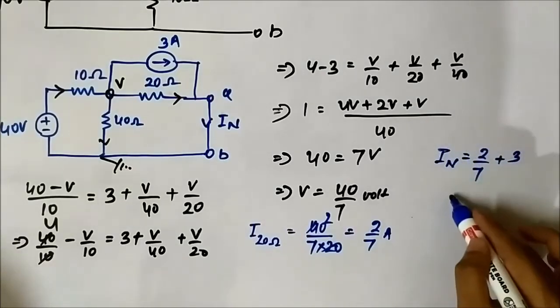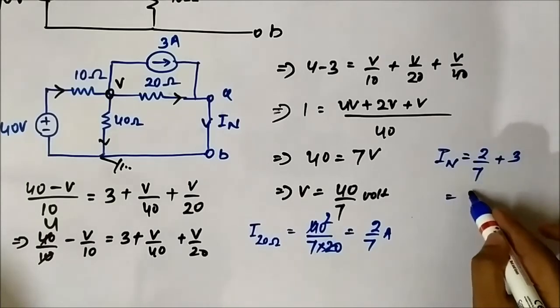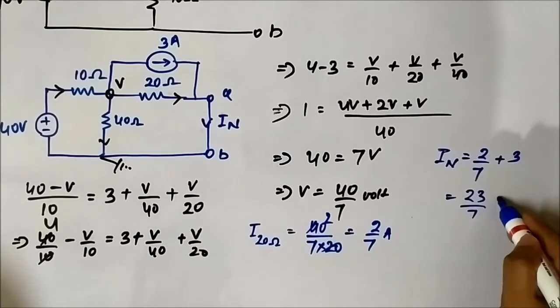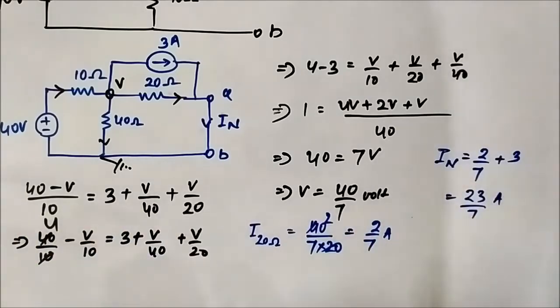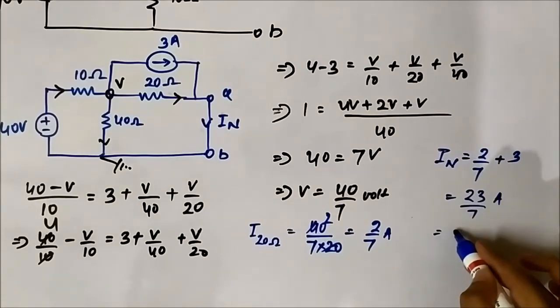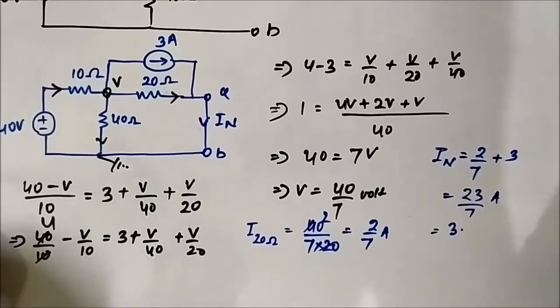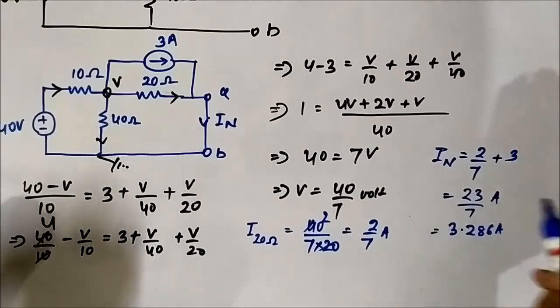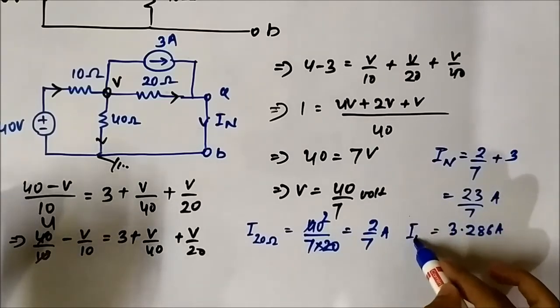So it is 23 by 7 ampere. Written in decimal form, it becomes something around 3.286 ampere. So that is the Norton current.